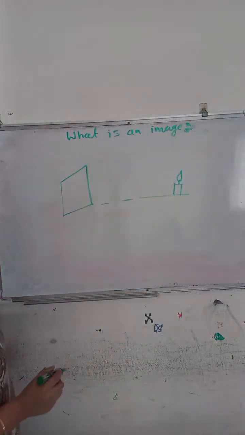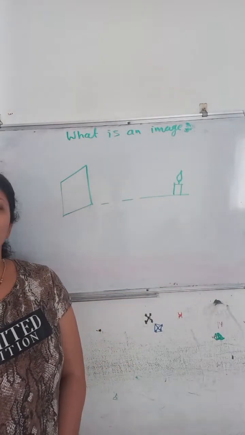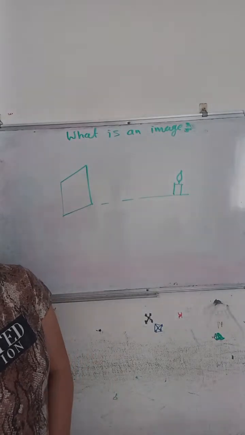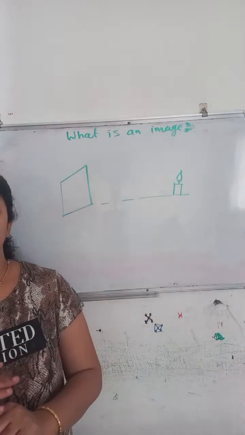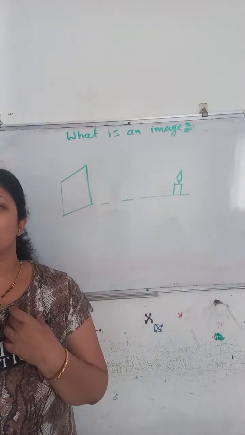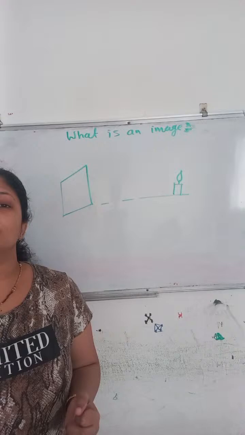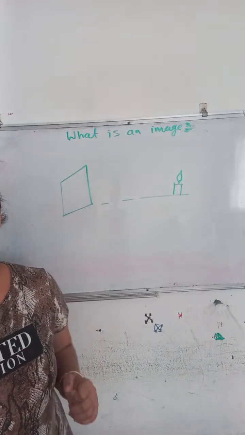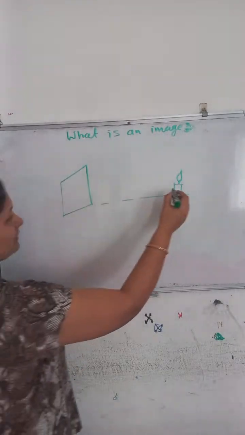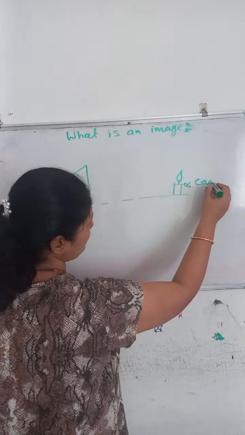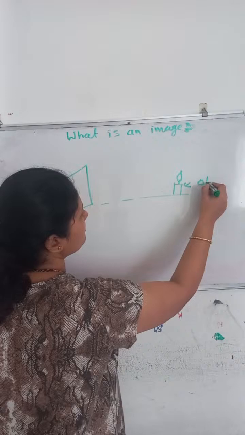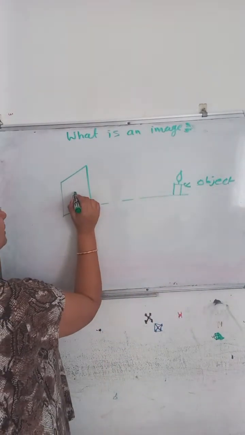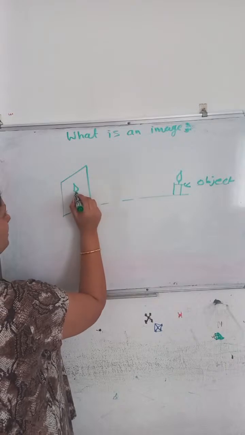When I look in front of the mirror I am able to see myself in the mirror, which means the mirror is showing an image of me. So the real me is nothing but the object, and this real candle is the object here.